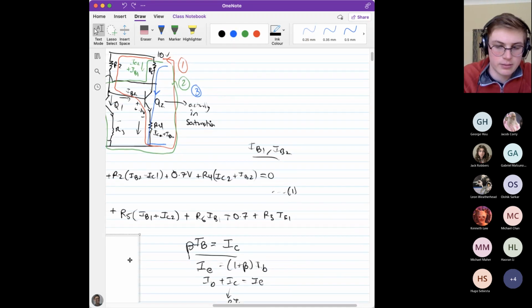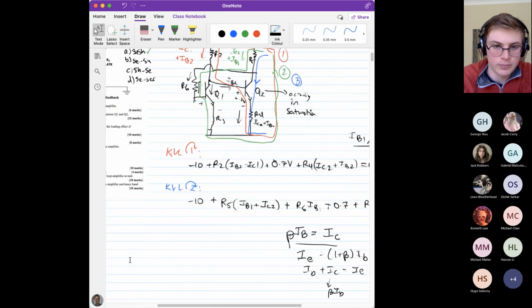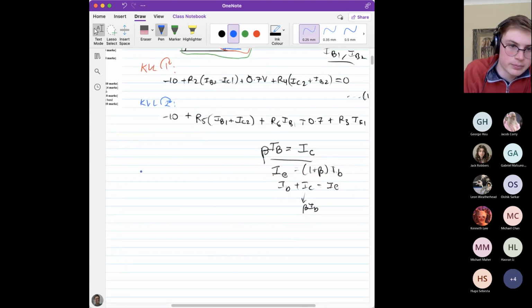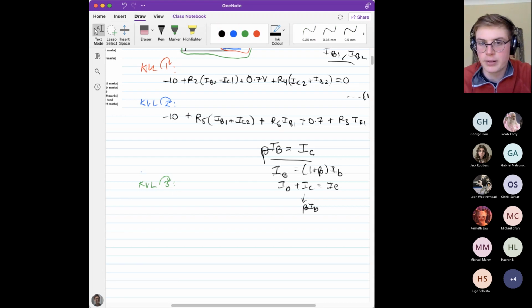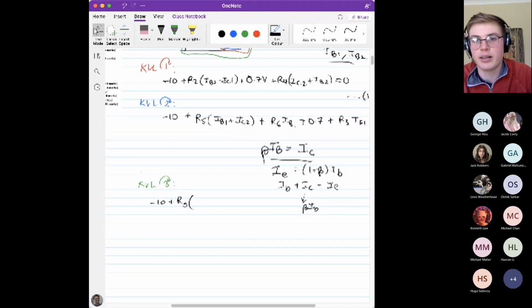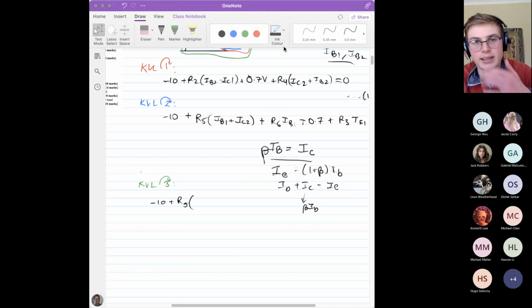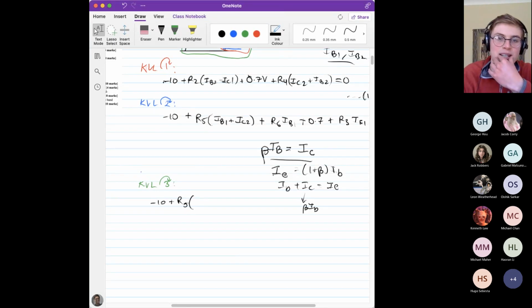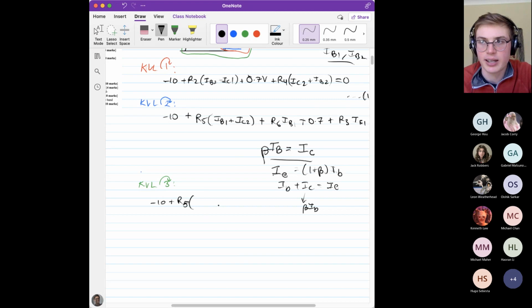Let's do that. So let's do KVL around 3. Minus 10 plus R5. And this is the sort of thing where your MATLAB scripts can come in really handy, plugging into these sorts of equations or solving them simultaneously, or Excel or something like that.